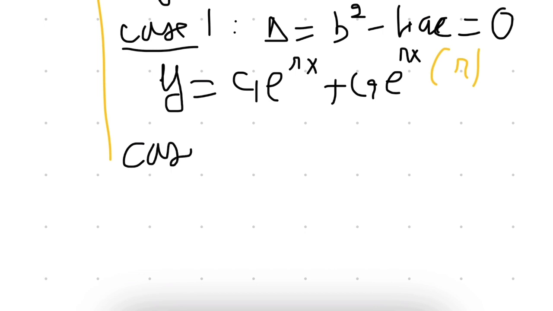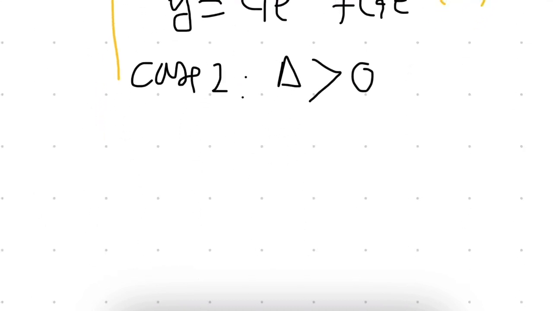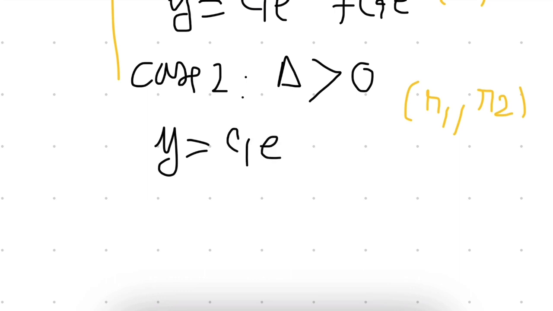Now the second case, if our delta is bigger than 0, we're gonna have two solutions, r1 and r2. And our y equation is gonna look like C1 e^(r1 x) plus C2 e^(r2 x).